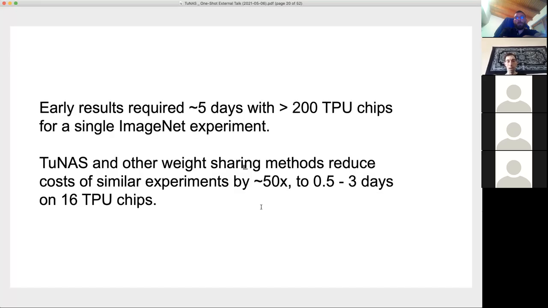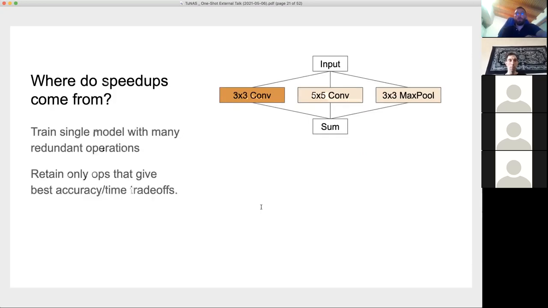So again, this is coming back to this trick that we used. Instead of training many different network architectures from scratch, we would actually train a single large set of model weights and use them to evaluate many different candidate architectures in the search space. And this can drastically reduce the cost of running architecture search experiments.